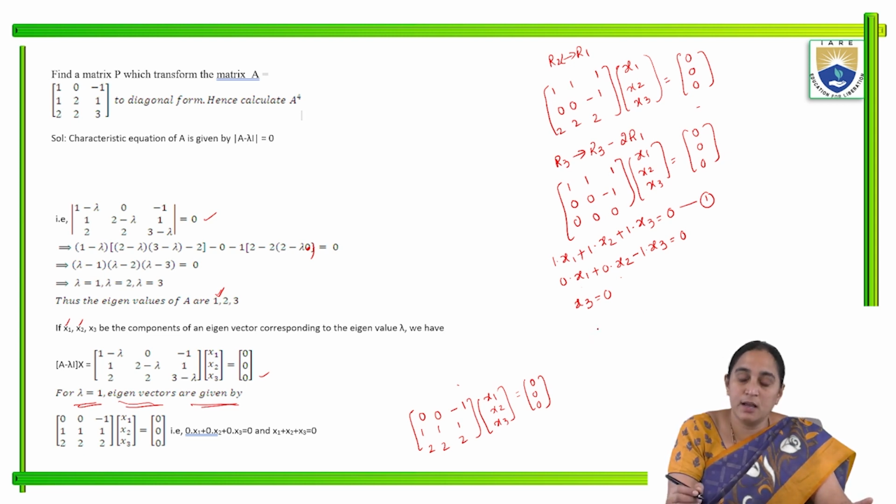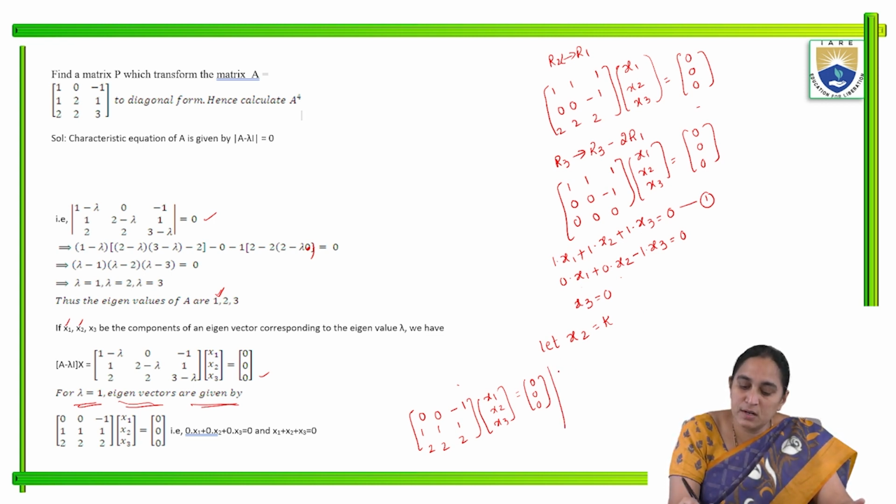For that I am assuming x2 as k, and substituting in the first equation: x1 plus k plus x3, which is 0, is equal to 0.